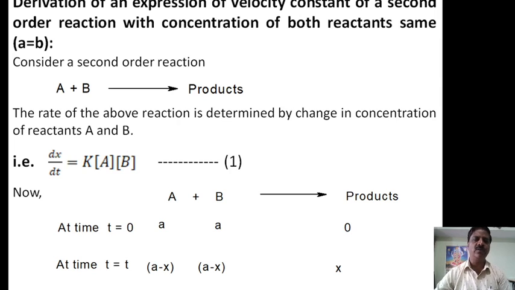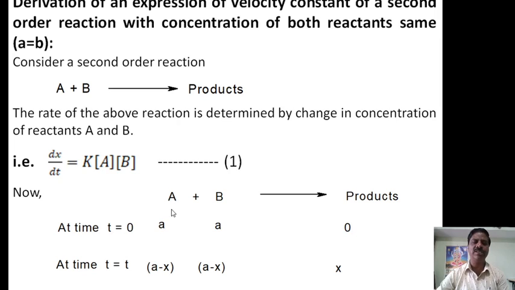Now, for the derivation, in reaction form you have to write A plus B forming a product, the same as I wrote initially, at time t equal to 0. At the initial time, before reacting, the time is 0.